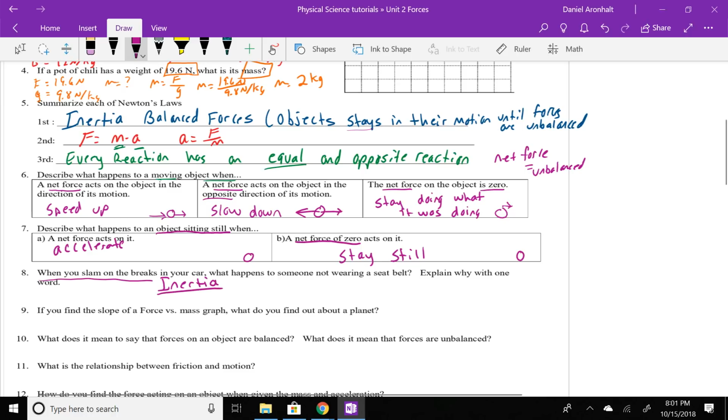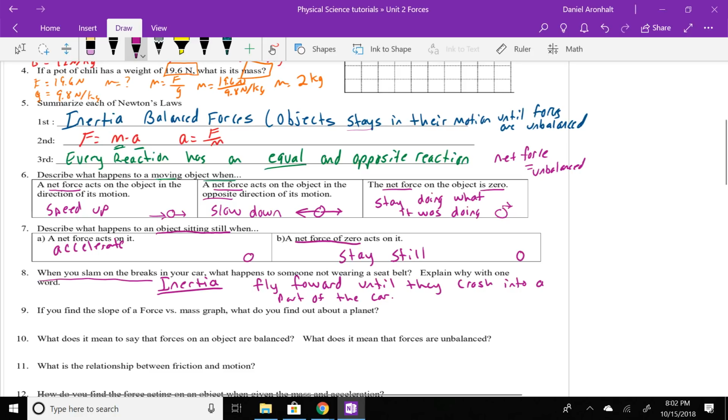So what happens because of inertia? They fly forward until they crash into a part of the car, usually the windshield or another window. So please wear your seatbelts.